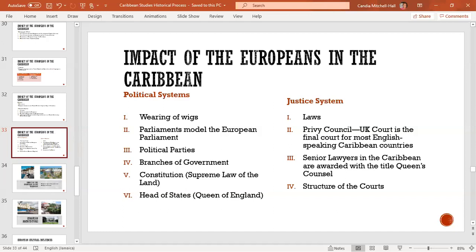Most of us still have to rely on that, which is persons outside of your country making decisions on the rule of law. Most senior lawyers in the Caribbean are awarded the title of Queen's Counsel. Yes. And the structure of our courts is very much similar to European.